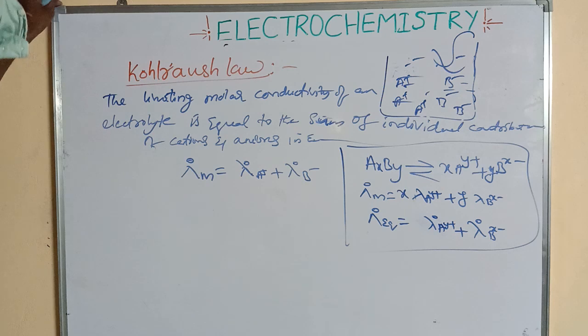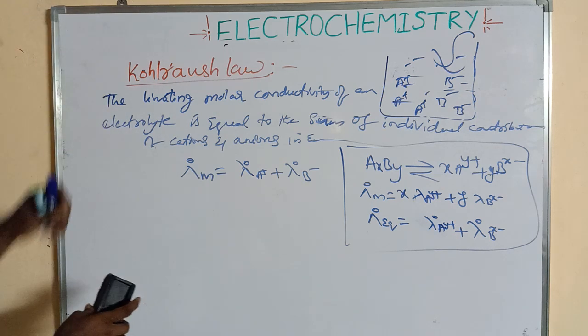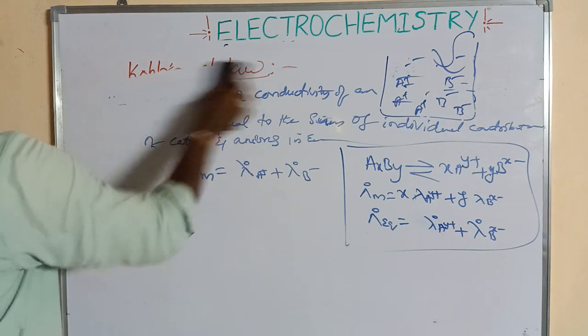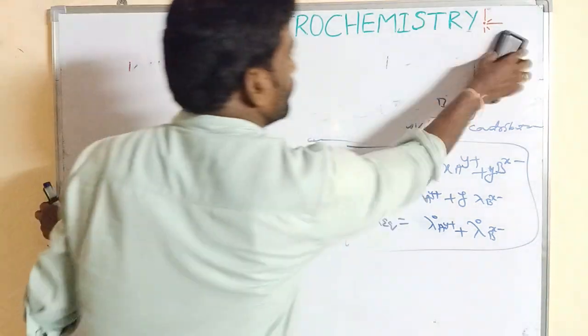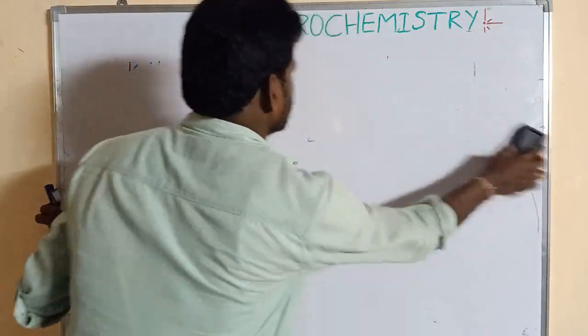So this Kohlrausch law is applicable for weak electrolytes. What are its applications?